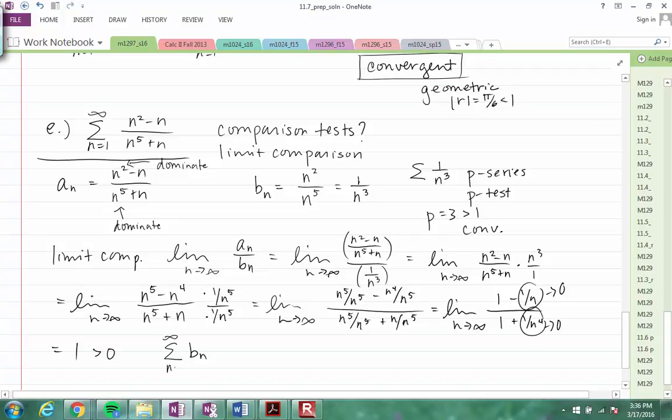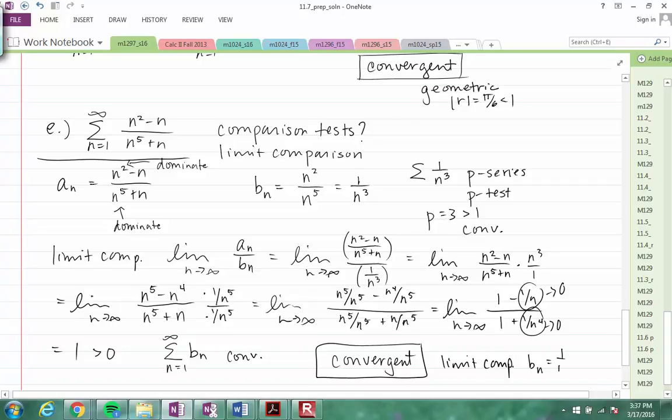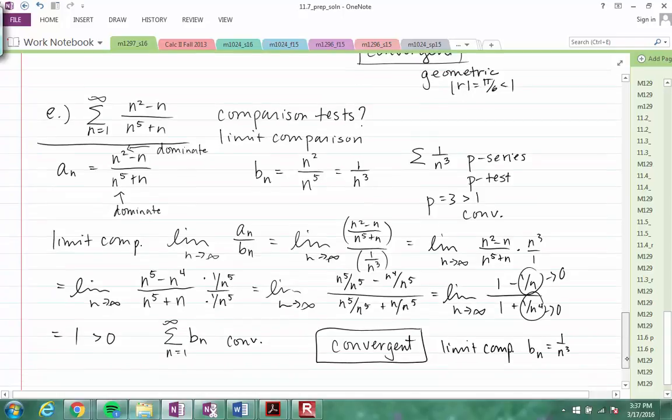So we already did that above, but for our b sub n, we found that it was convergent, which means our series is convergent. And I used limit comparison. Okay, and that's it for that one.